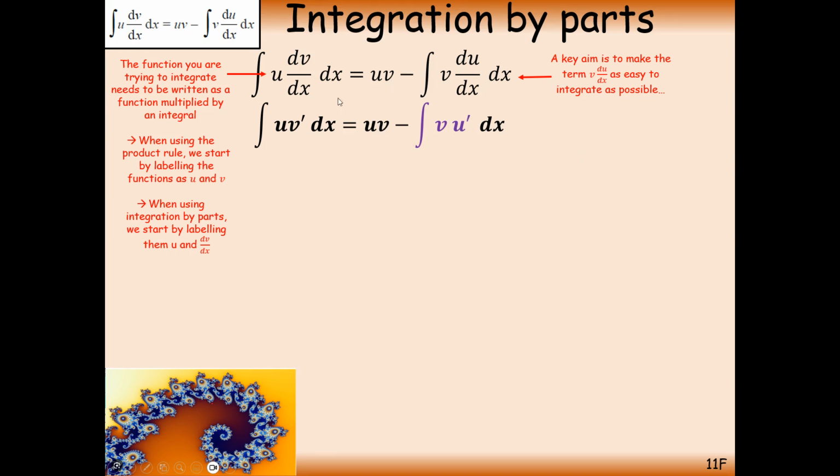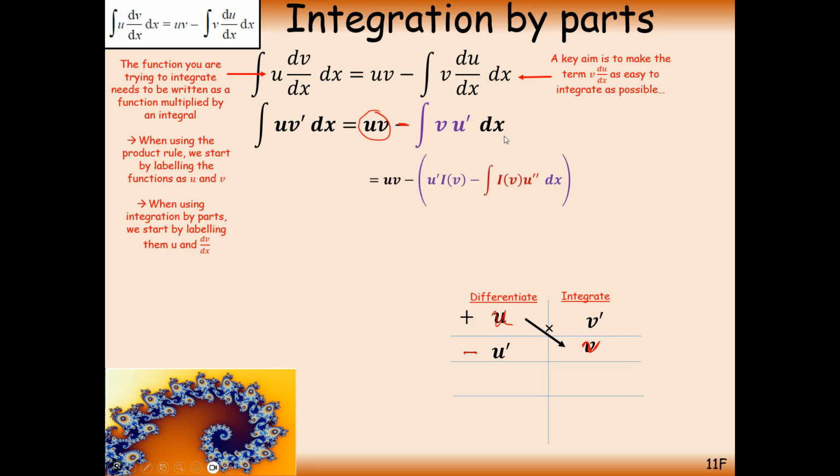Doesn't matter, change of name, it's the same formula. I'm going to show you that this integral here, where you have u dash times v, is the second row on this table here. And this uv is the multiplication of this u by this v here. Notice I put a minus sign here because there's a minus sign in the formula.